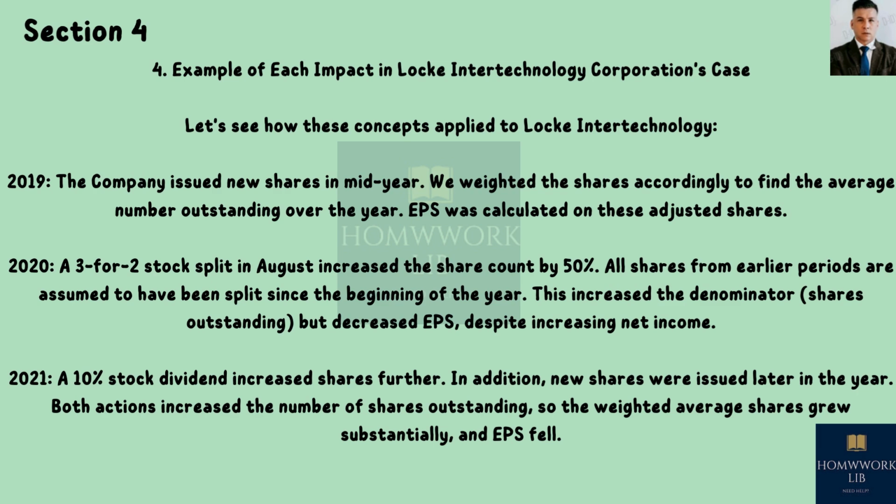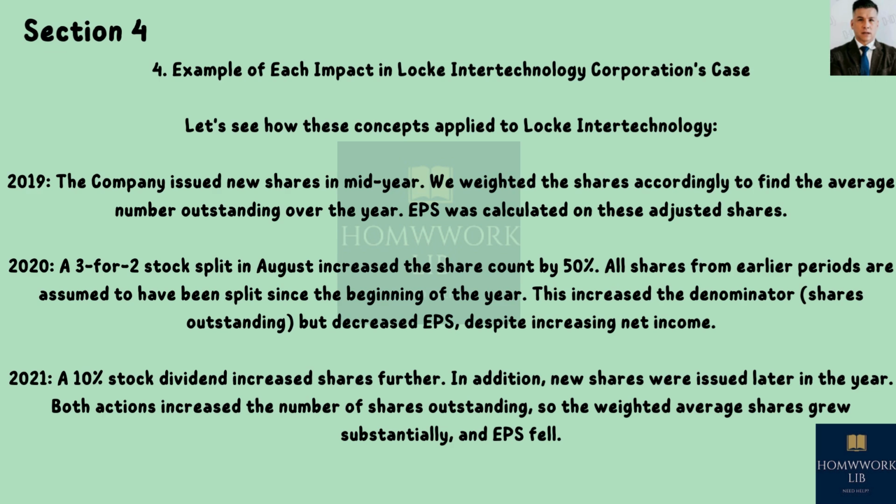EPS was calculated on these adjusted shares. 2020: a 3-for-2 stock split in August increased the share count by 50%. All shares from earlier periods are assumed to have been split since the beginning of the year. This increased the denominator, shares outstanding, but decreased EPS, despite increasing net income.